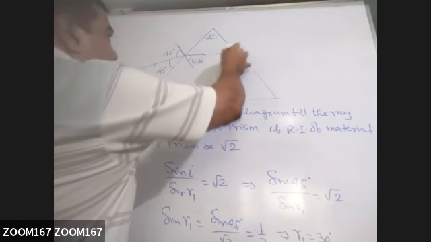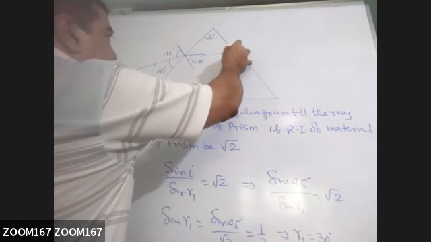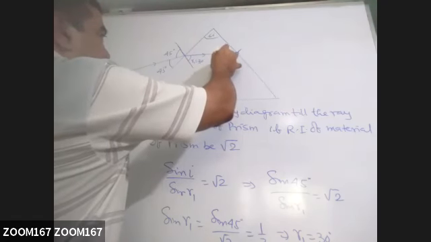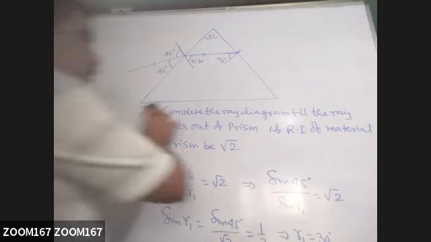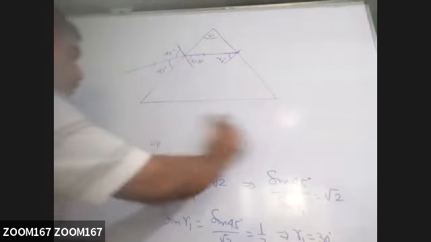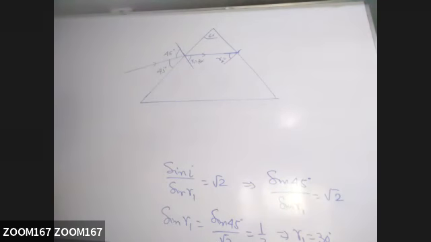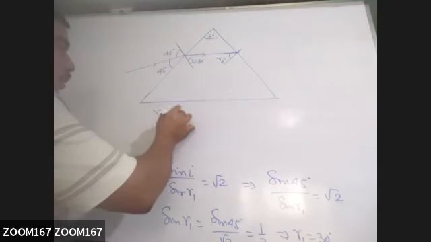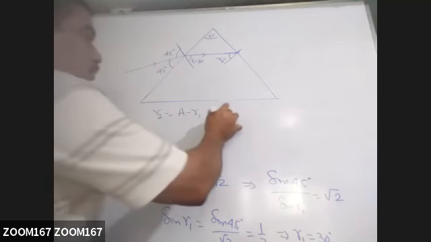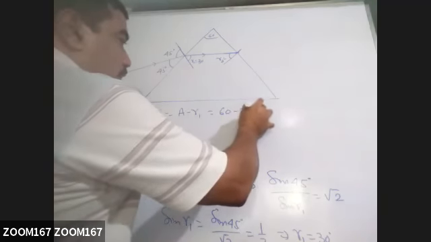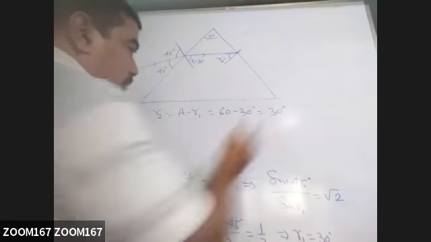Now what will be r2? How will you find r2? This r2 will be A minus r1, so 60 minus 30, that is 30 degrees.